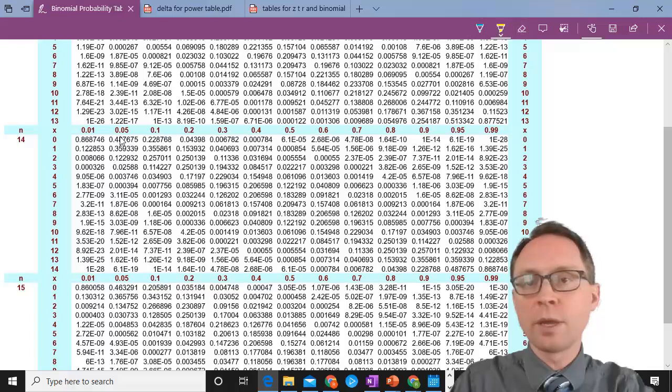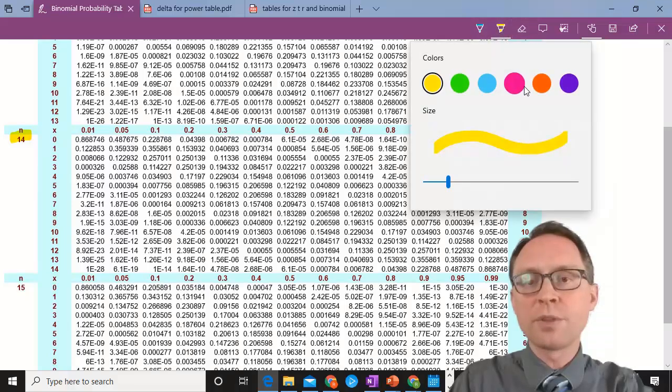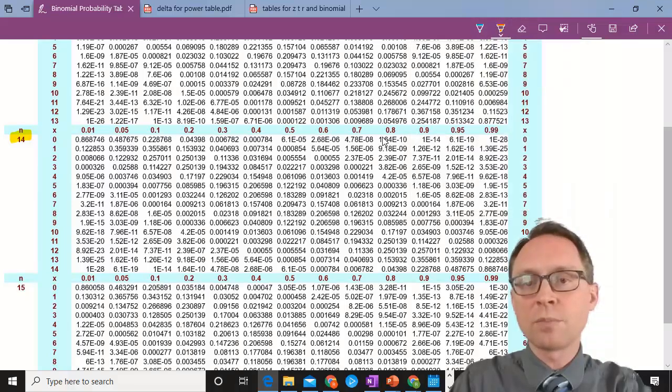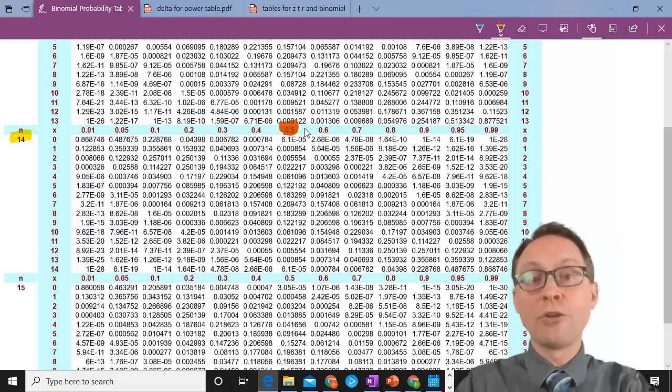Let me go ahead and highlight some of this. N equals 14, right? And the null hypothesis, I'll put it in orange. Whoops, that's not the right one. Erase what I just did, sorry. It's 0.5. The null hypothesis is 0.5. And when we want to reject or fail to reject, then we're looking at the null.